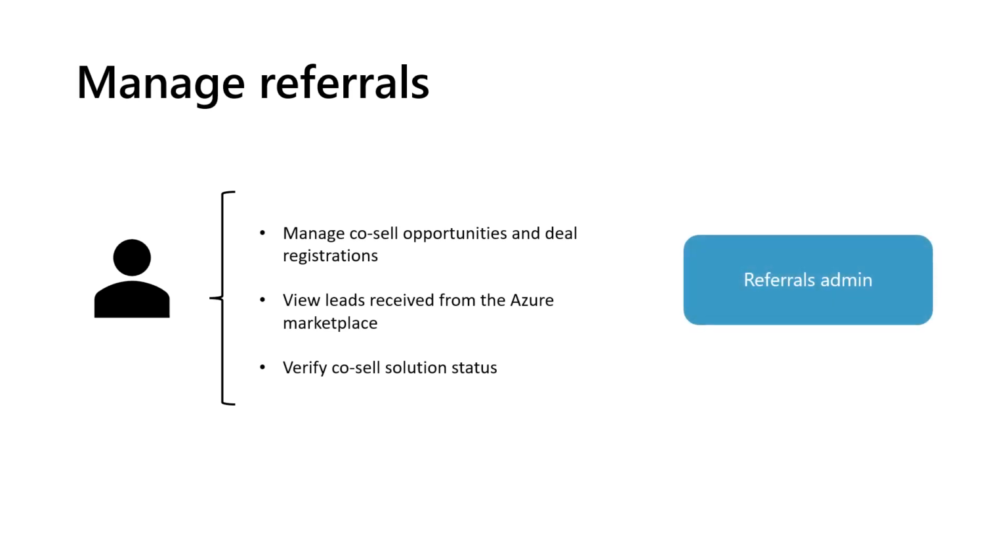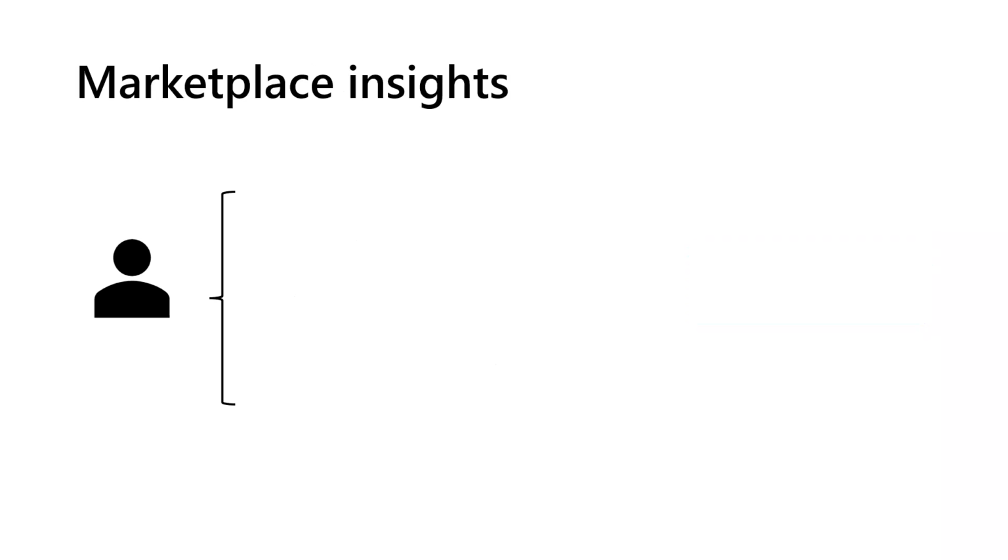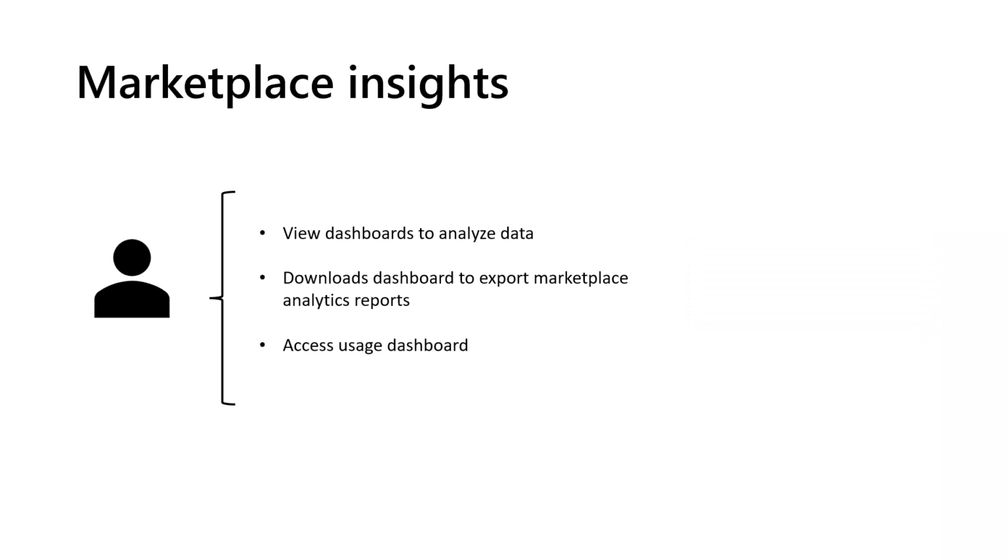This ensures that the user is able to complete deal registrations as well as view any leads that may have come through. Once publishers have transactable offers set up, they may need to view reports of transacted offers, orders, customers, etc. For this, they need to have developer permissions to access the usage dashboard as well as manager roles for all other reports.